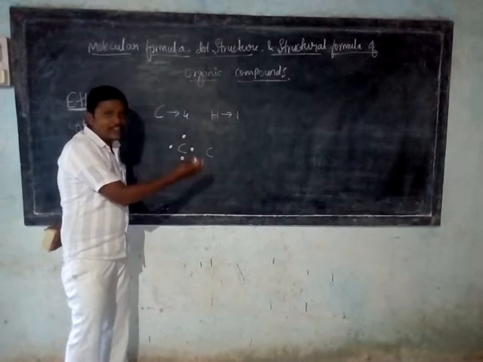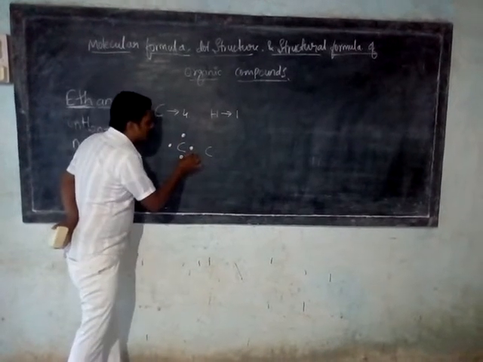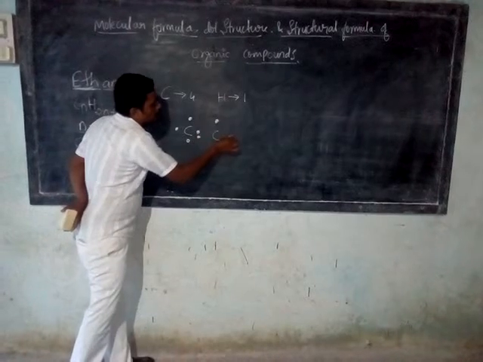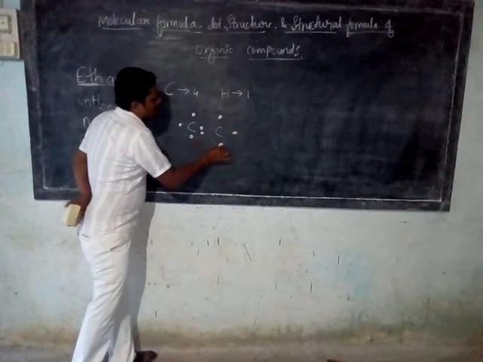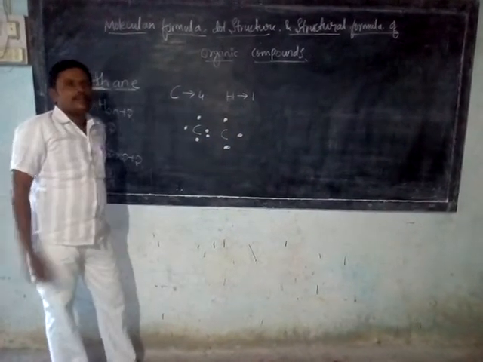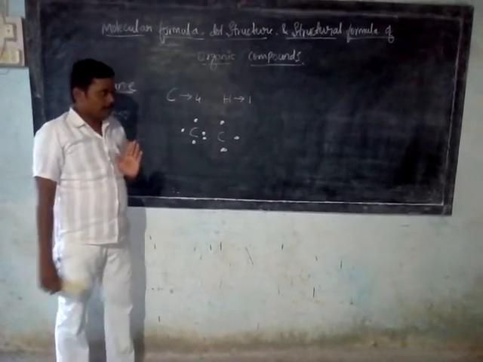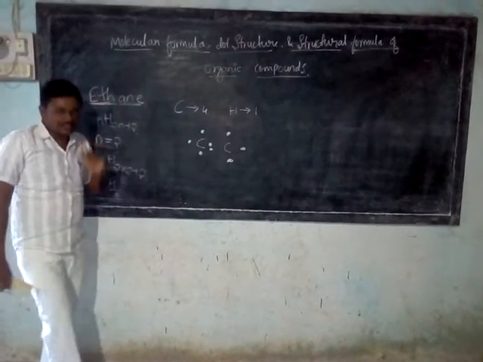For the next carbon, I will again put 4 dots: 1, 2, 3, 4. Now the 2 carbons are completed, but H is still there.